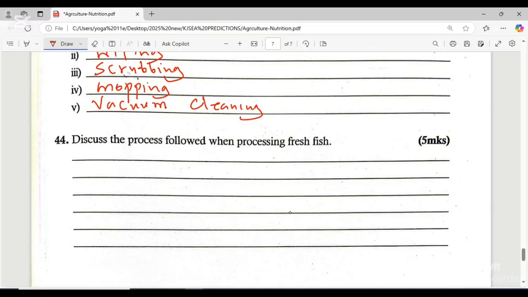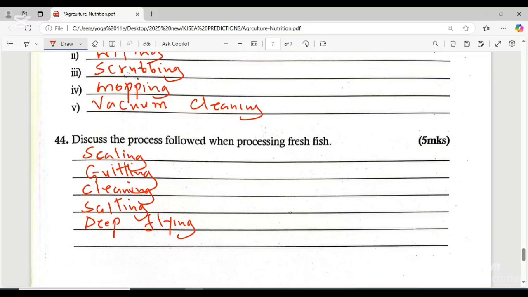The first thing you do is scaling, then cutting, cleaning, followed by salting, then deep frying.